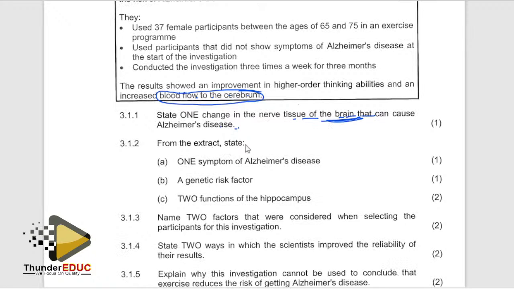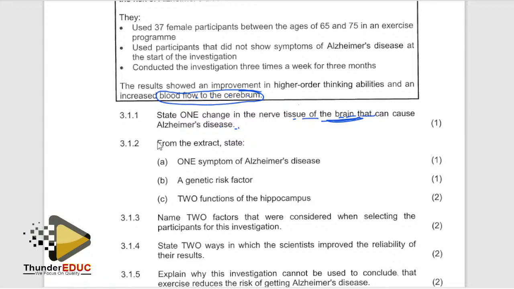They're saying from the extract. They didn't say state 1 change in the nerve tissue of the brain that could cause Alzheimer's disease from the extract. So anything outside the extract or in the extract still works perfectly. You understand? You can state any other, and as long as it's correct, you'll be credited.